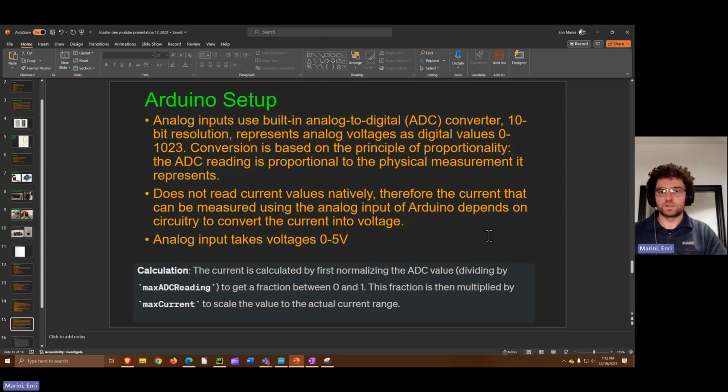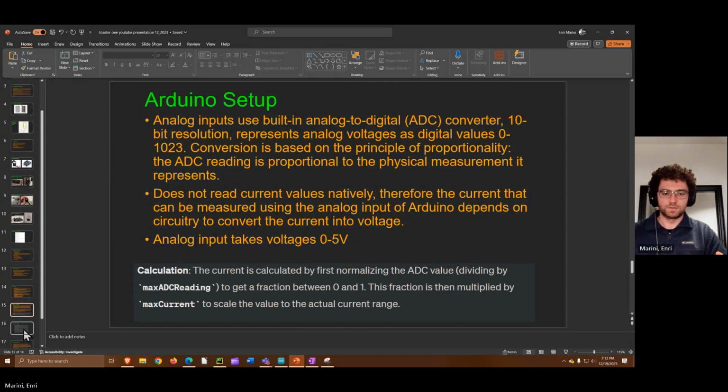So how we did this in the theoretical model without having a burden resistor is we just normalize the ADC value, and you get a fraction. Then you multiply by max current, which again we set to 12.5, and that scales the value to an actual current range.